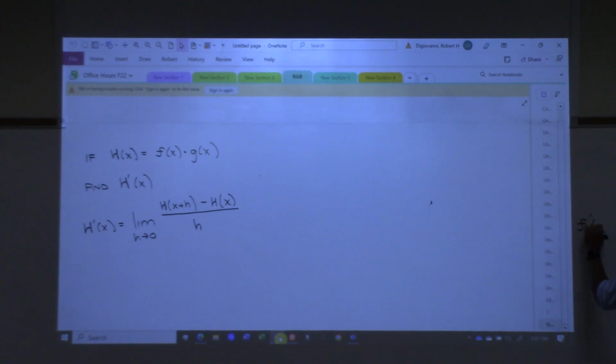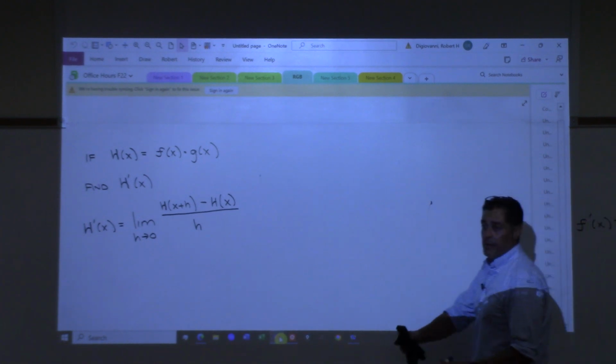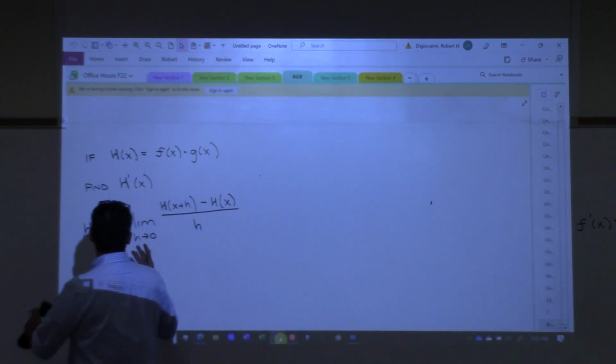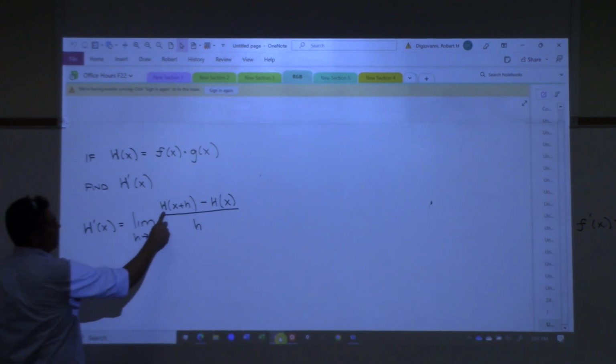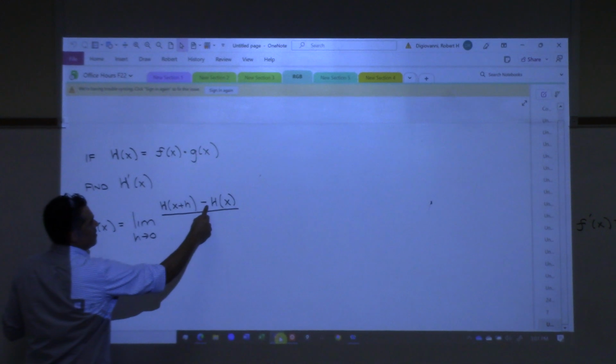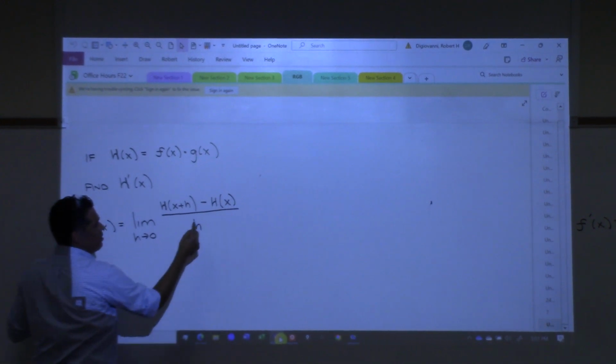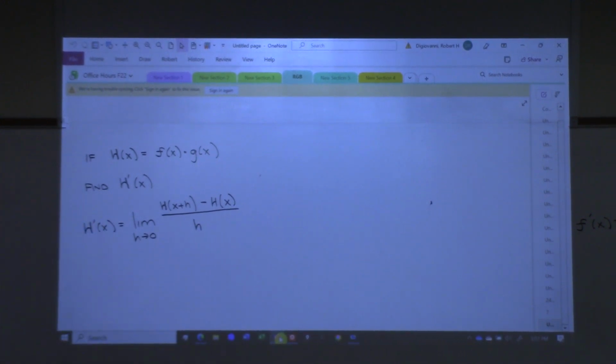F prime of x, you needed this on the test, is the limit as h goes to 0 of f of x plus h minus f of x, all over h. That's our generic formula for the derivative of some function. I'm doing that same formula for the capital H function. So capital H of x plus h, and then minus capital H of x, and then over little h.